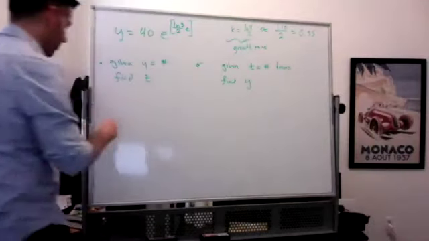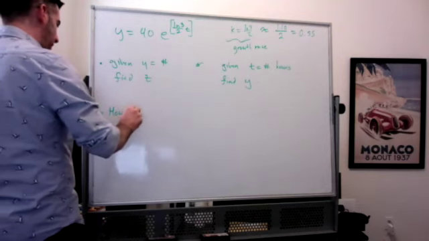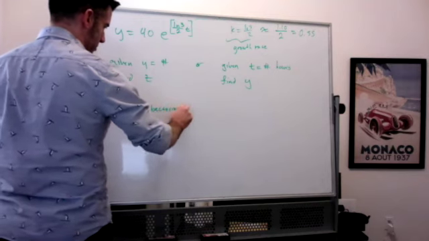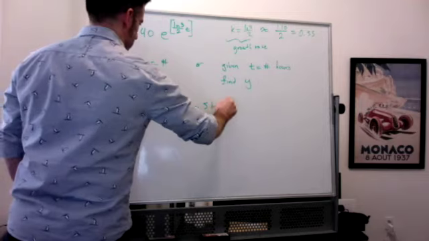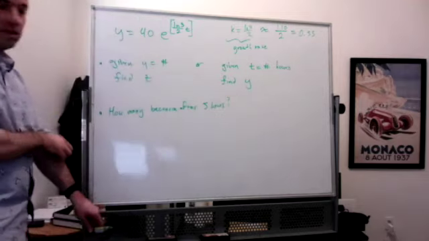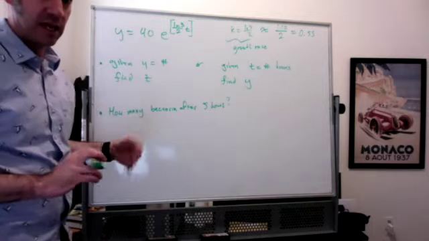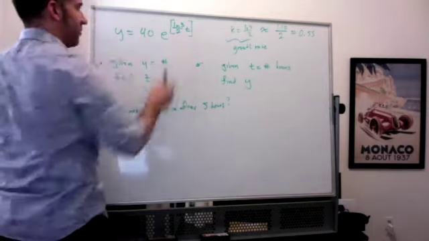But here, for example, we could ask the question, how many bacteria are there after 5 hours? And to my mind, this is usually the easier type of question, if they tell you how much time has passed and you're trying to find how much stuff there is, because for that we can just plug in 5 for t.